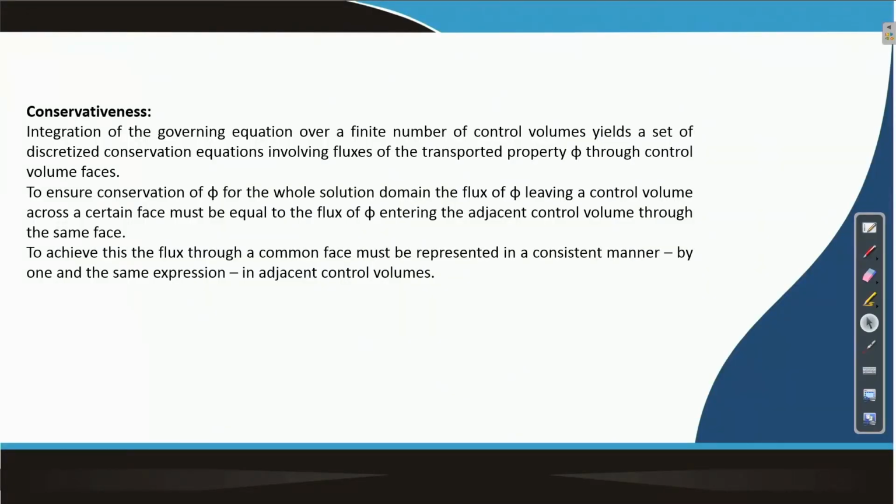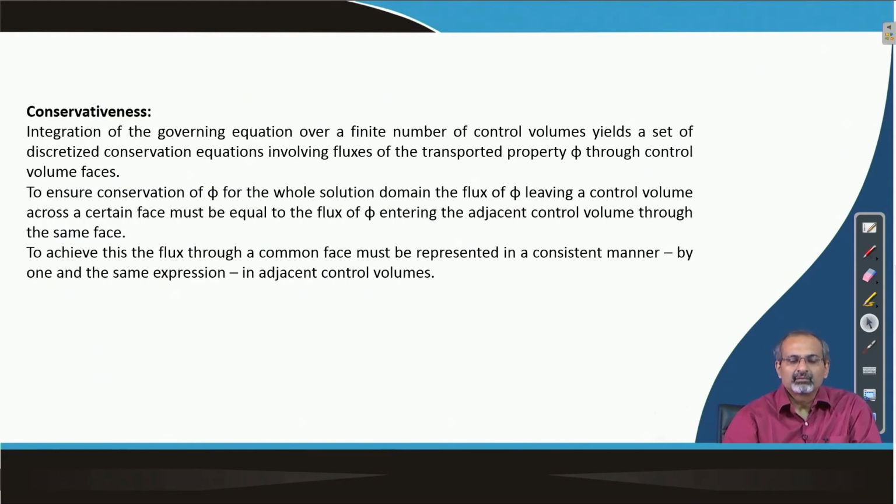Before we finish this lecture, let us quickly glance at some of the desirable properties which the different approximations that we have attempted till now should be delivering us, so that when we approximate the governing equations, we are able to satisfy some of these very important properties. The first one being conservativeness.